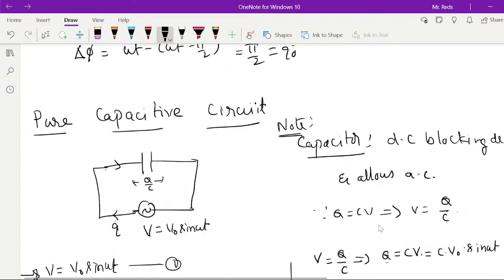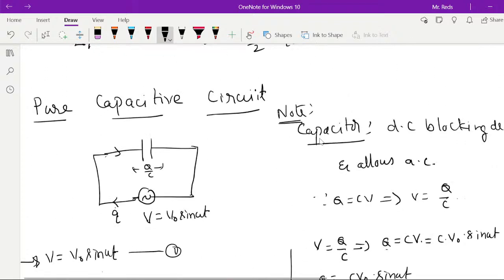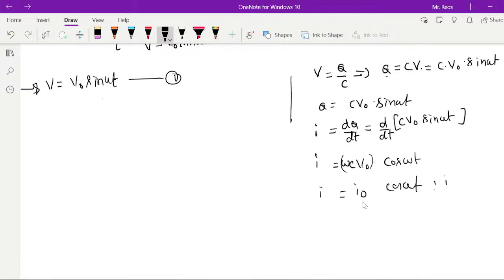Here we have taken this as I naught, and we will introduce a few terms that we will discuss together later. So I is I naught cos omega t, which can be expressed as I naught into sine omega t plus pi by 2. Take this as equation 2.